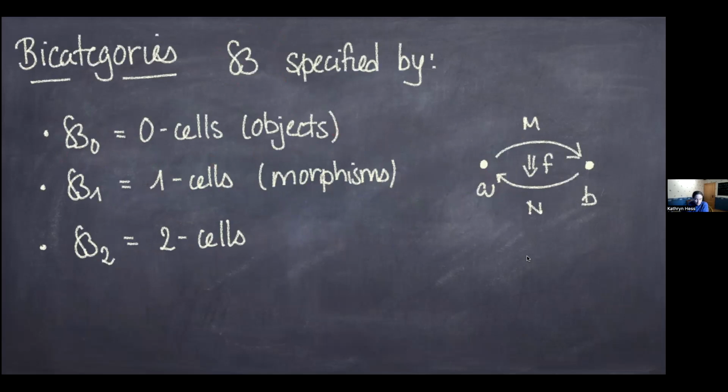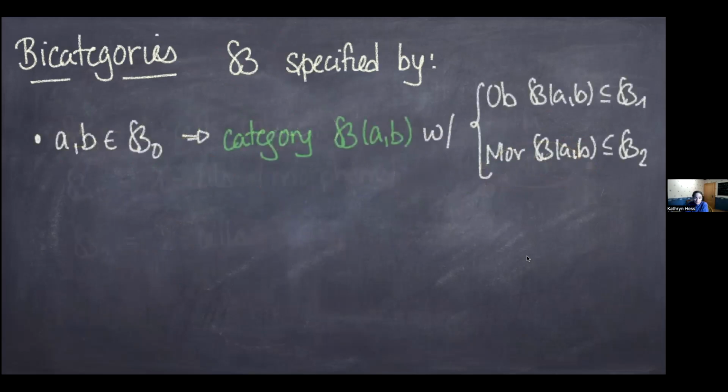So here are my zero cells A and B. By its collection of one cells or morphisms, which I'll note M and N because I'm thinking about modules. And then the two cells, which are morphisms between the morphisms. So this is the basic structure of a bicategory. But in addition, what we know is that if I have any two zero cells, then I actually have a category of morphisms. The objects in this category are one cells, and the morphisms in this category are two cells.